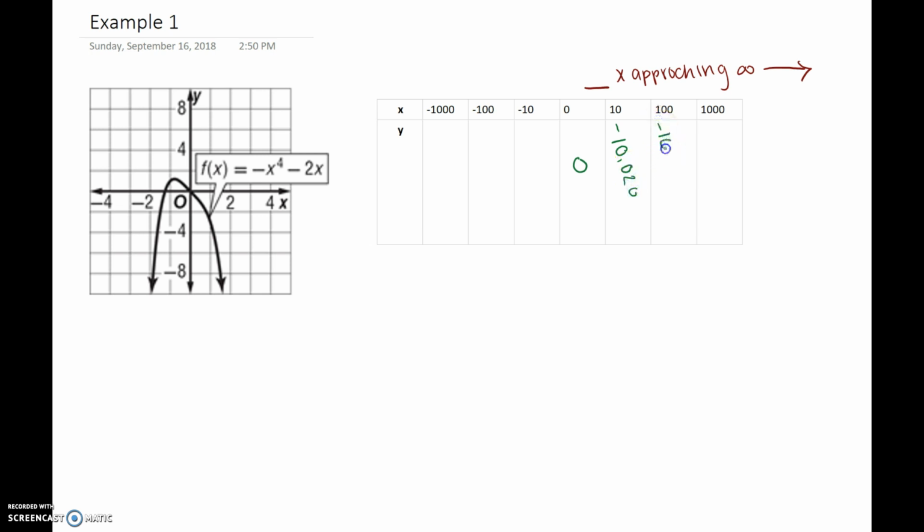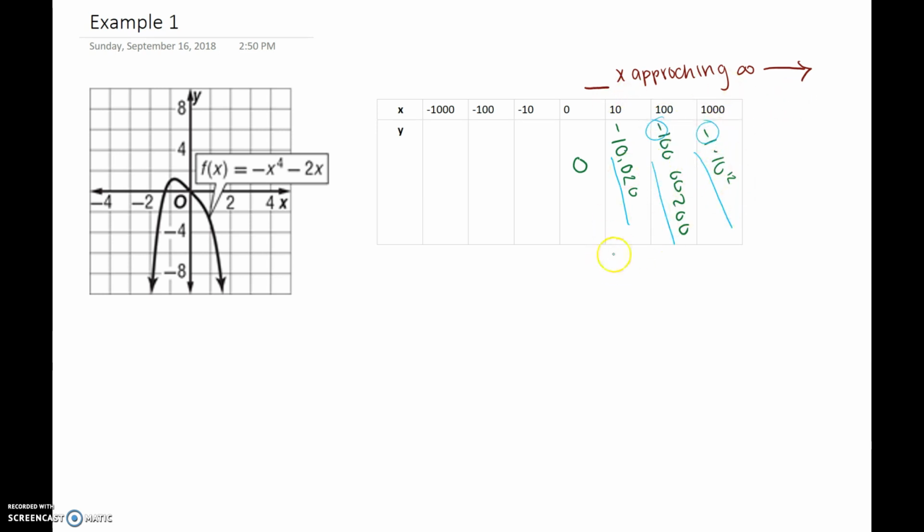All right, 1, 0, 0, 0. And then your calculator gives you an E, so this is 1 times 10 to the 12th power because it's got so many zeros that your calculator doesn't want to list them all. So let's just look here. You'll see our y values are getting bigger and bigger, or deeper and deeper into the negatives.